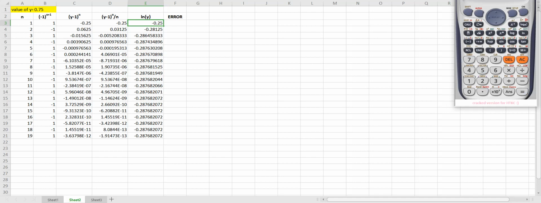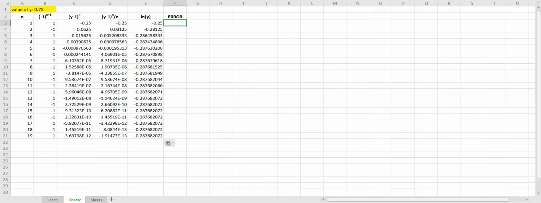So we can see that as the value of n progresses, the approximation also gets closer to the real value, which is negative 0.28762. It's almost the same already here, and that's only n equal to 19. When we add more n's, like n equal to 20 until infinity, the error gets very little, and it's almost the same as the real value already.